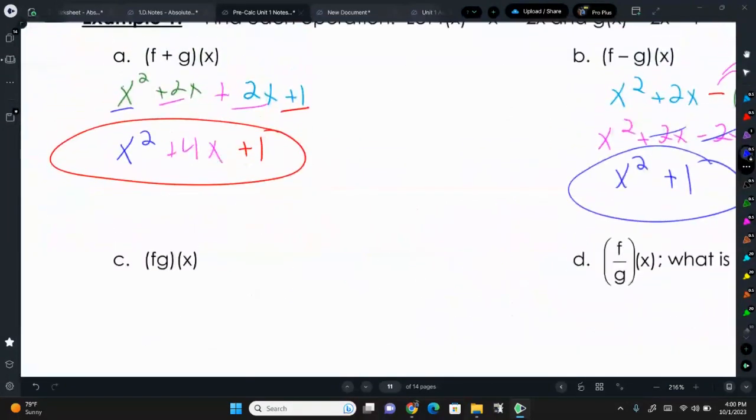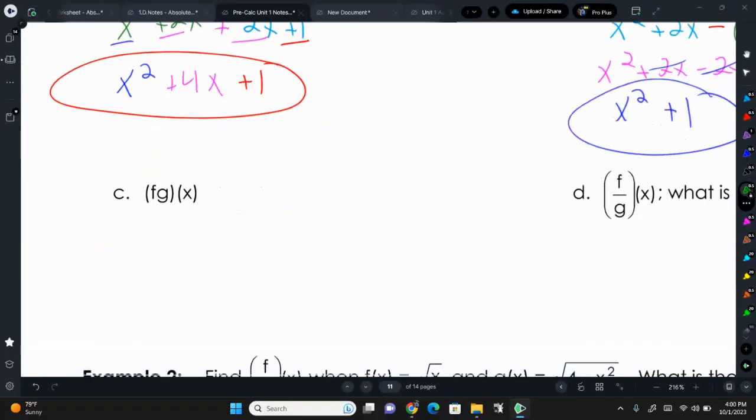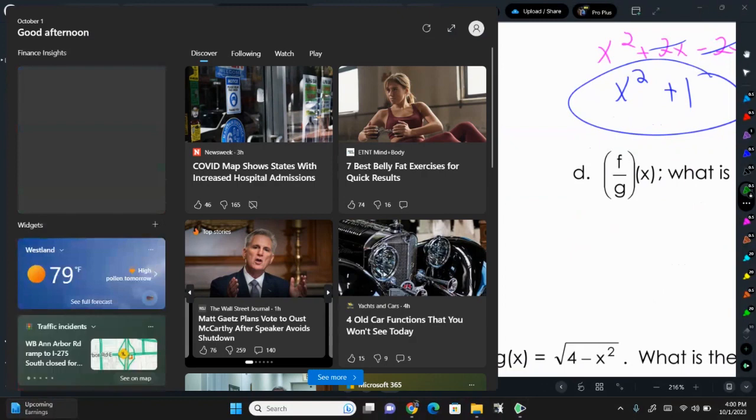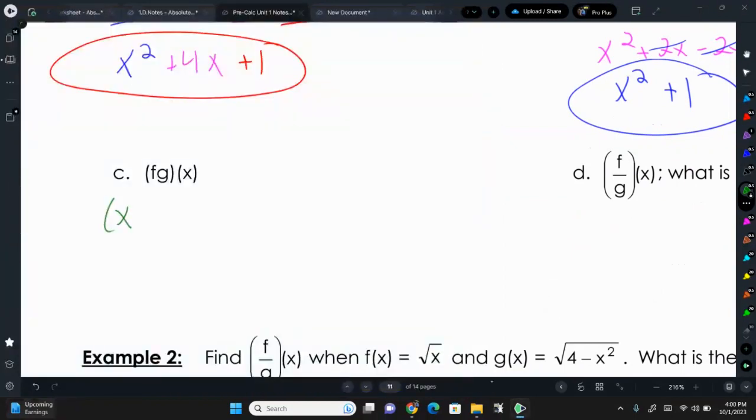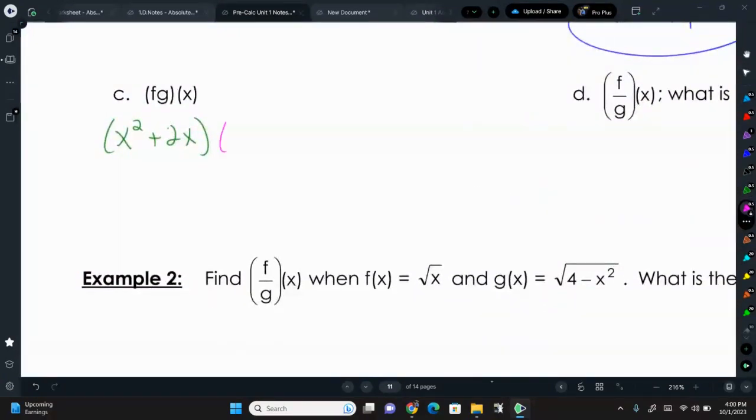Multiplying these two functions, we have x squared plus 2x times 2x plus 1. And then we distribute.